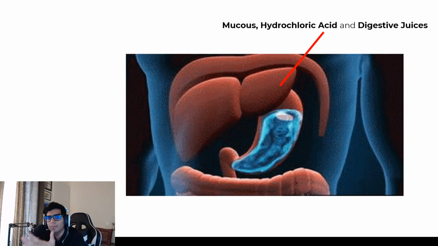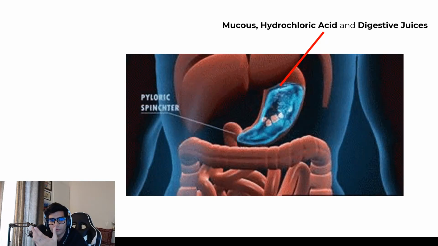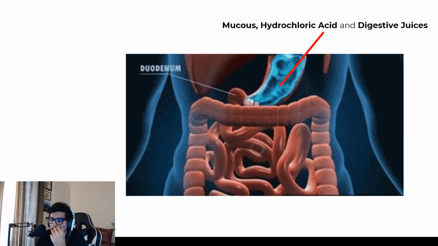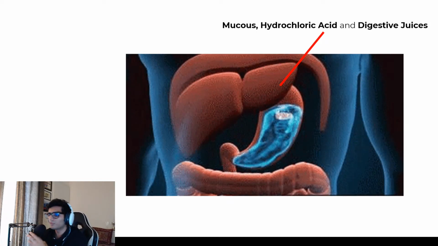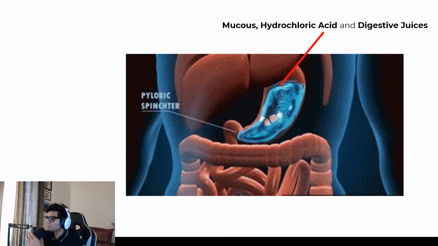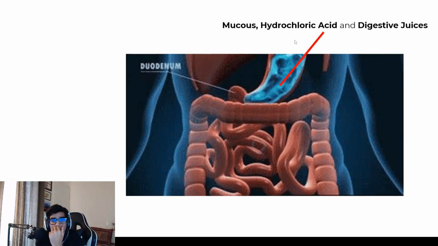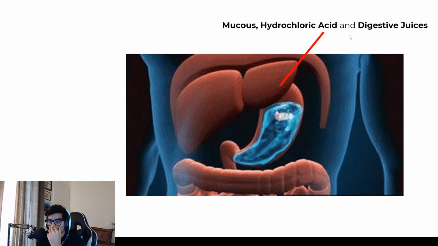If there is any bacteria, because of the hydrochloric acid, it's going to get killed inside the stomach. So that's how it goes, right? This is how it's going to secrete mucus, hydrochloric acid and digestive juices.